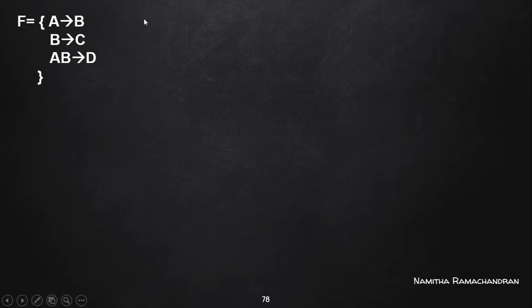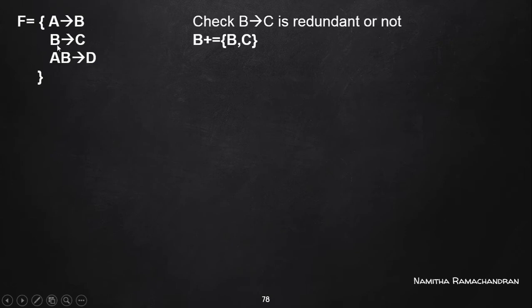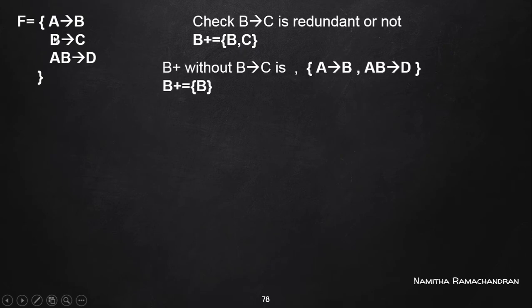So this is the new functional dependency set F without A implies C. Okay, after that continue with B implies C. Check the redundancy of B implies C. Using this new set, find the B closure, that is B and C. After that, without B implies C, again find the B closure.